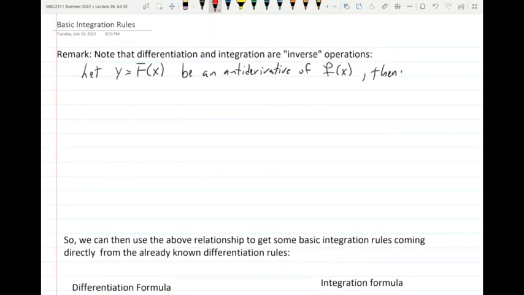So let's do first integral and then derivative. I'm going to do the integral of f of x, and then I'm going to take the derivative of this. And to be truly an inverse relation, we should do it the other way around as well.